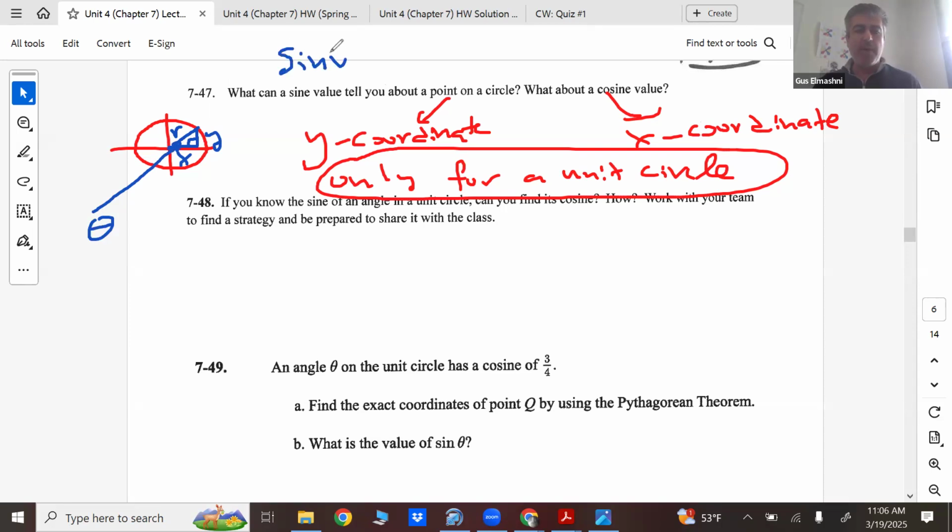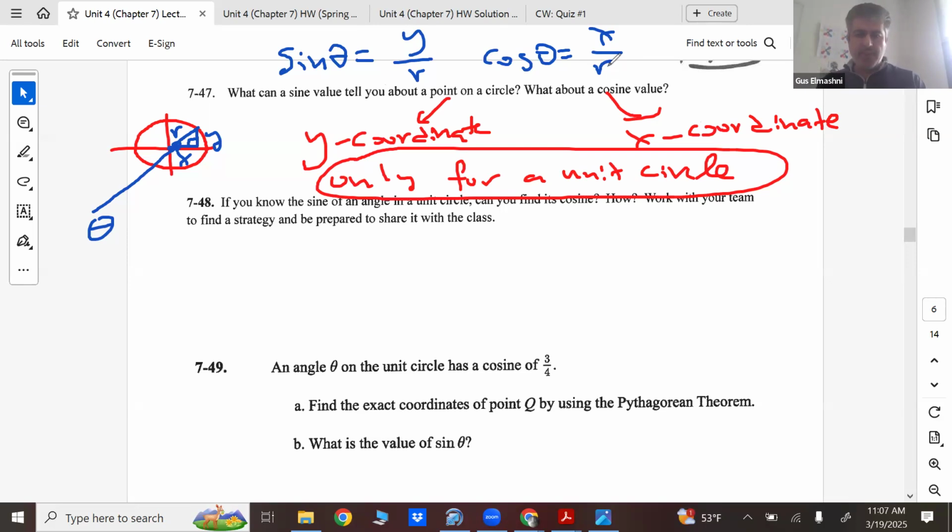My sine theta would be what? Y over what? Exactly. And my cosine theta would be what? X over R. Because over hypotenuse. So just so you know, the sine value involves y, the cosine value involves x. It's exactly the y and x coordinates if it's a unit circle. If it's not, then divide by R, because it's a ratio. I just want to make sure we're aware of that.